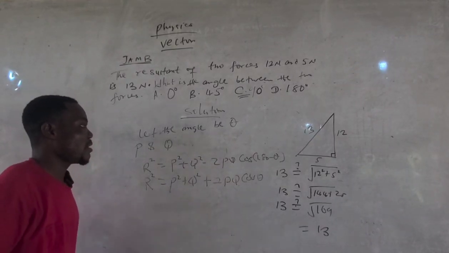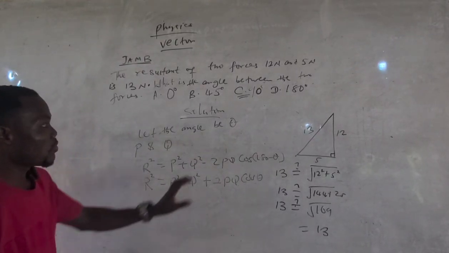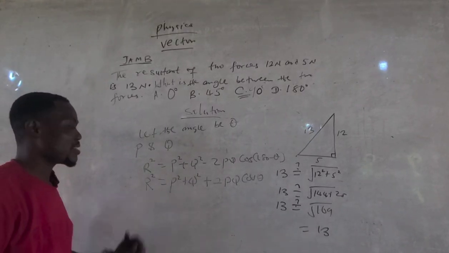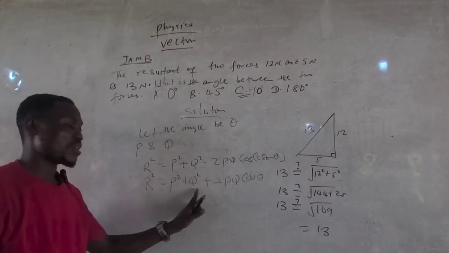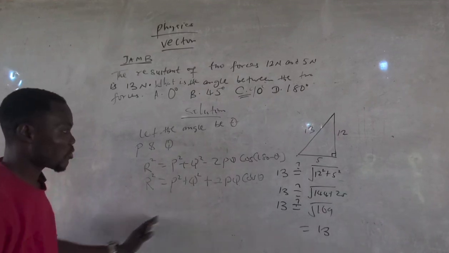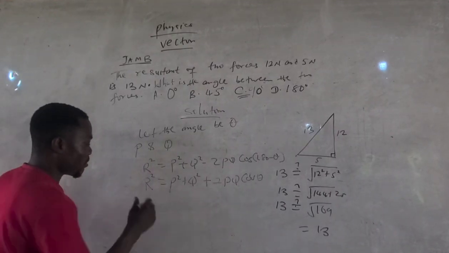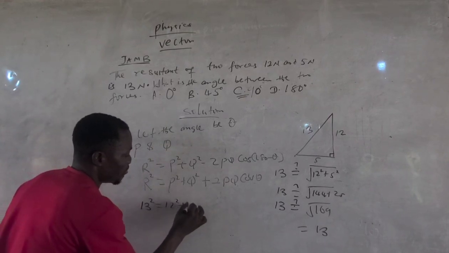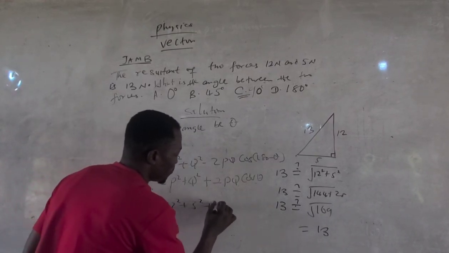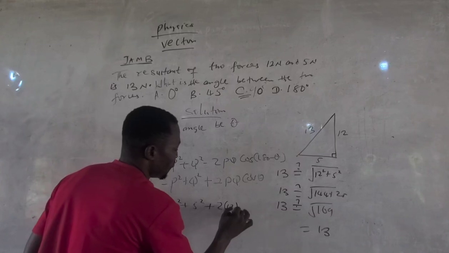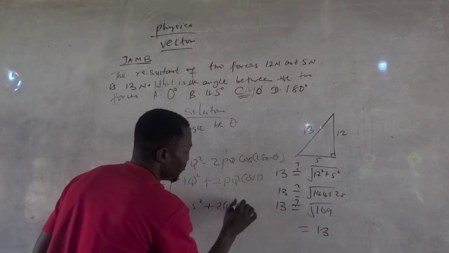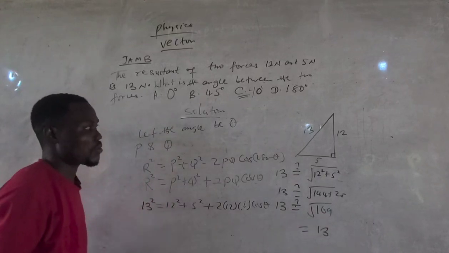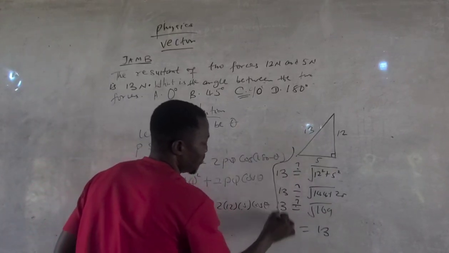Here, we are going to apply this to find the angle. Having that the resultant is 13 and the two vectors are 12 and 5, let's substitute. We have 13 squared is 12 squared plus 5 squared plus 2 into 12 into 5 cos theta. We are looking for the value of theta because we don't know it.